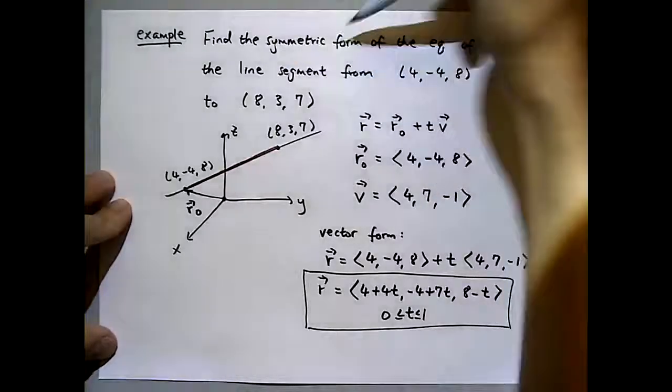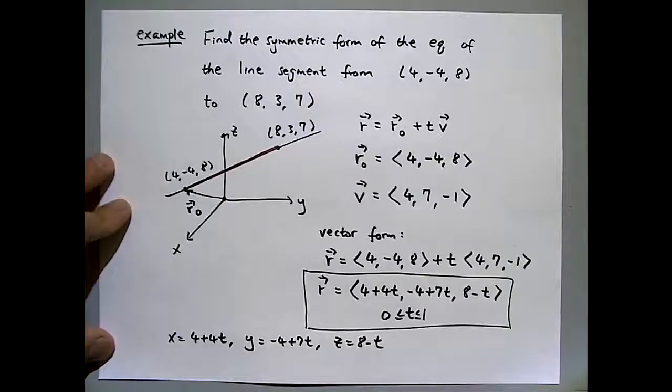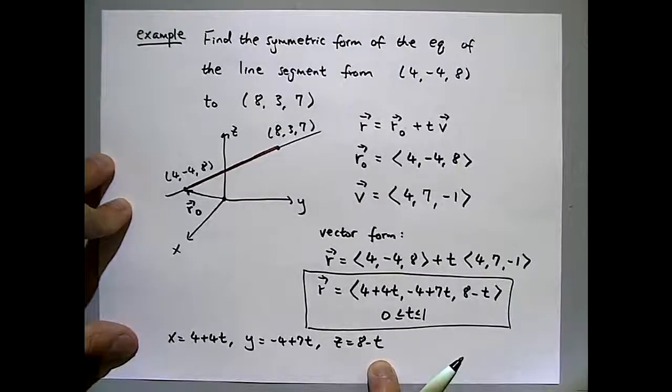Okay, now let's get to the symmetric form. So first we start with the parametric form. So there's the parametric form. To get to the symmetric form, we just solve for t and put all of them equal to each other.